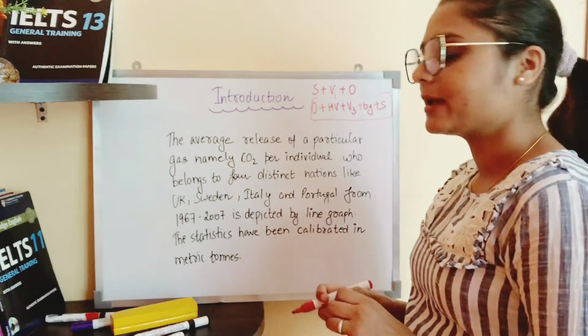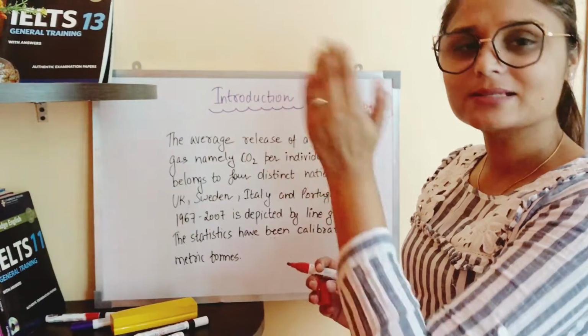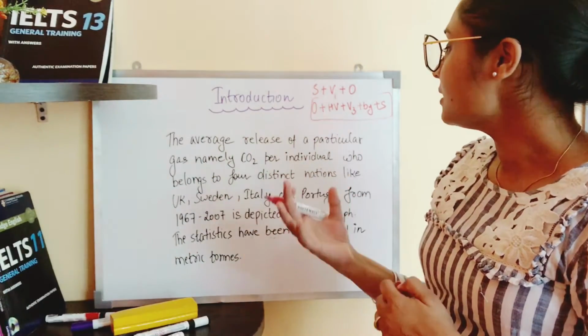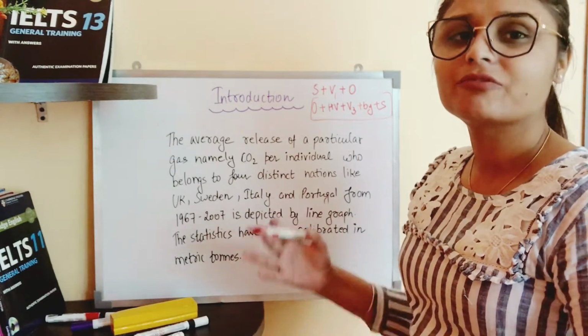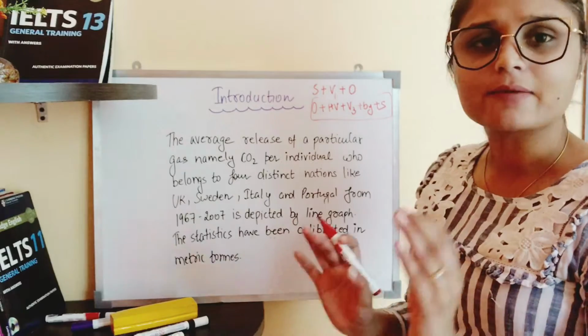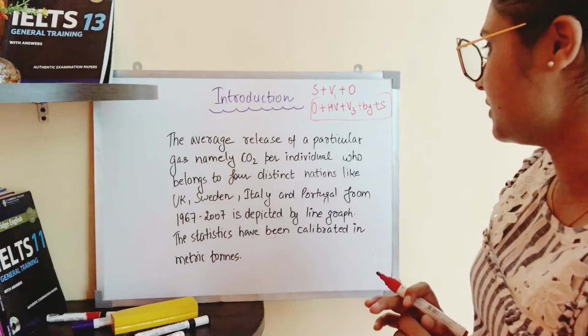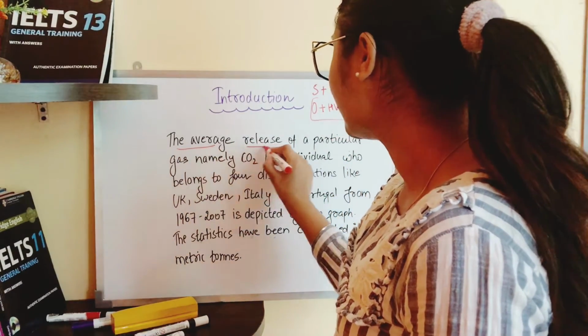If you see, the subject is line graph. The verb is shows. The object is the average carbon dioxide emission in different countries in year 1967 to 2007. So what we will do, we will pick the object first. The object would be the average release.